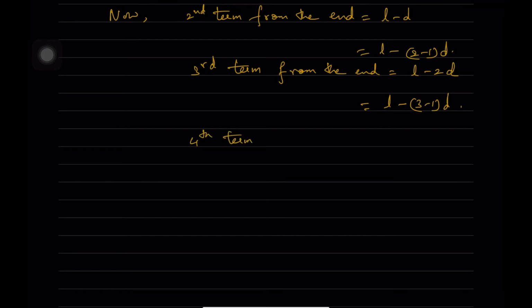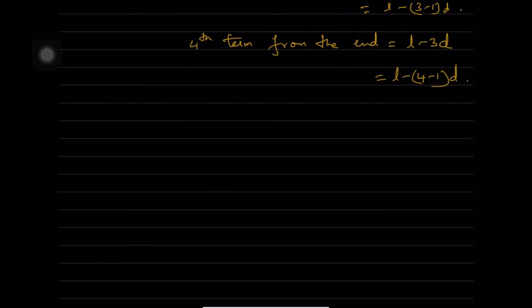The fourth term from the end is equal to l minus 3d, which is l minus 4 minus 1 into d. So the nth term from the end is equal to l minus n minus 1 into d.